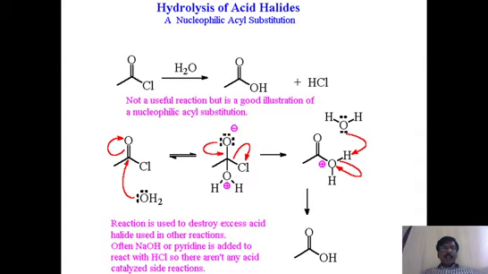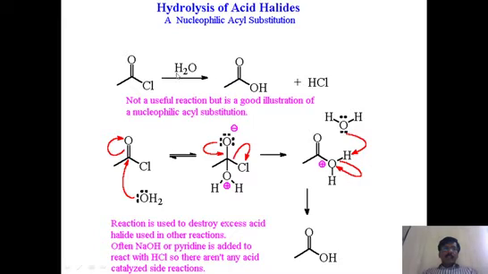For example, hydrolysis of acid halides. If you take acid halides, we simply hydrolyze them to give the carboxylic acids. All acid derivatives on hydrolysis give the same carboxylic acid only. The mechanism is simple. An H2O molecule attaches to the carbonyl carbon, after that chloride is removed, and after that a proton is removed, and then we get RCOOH.